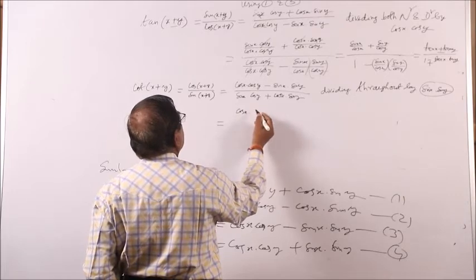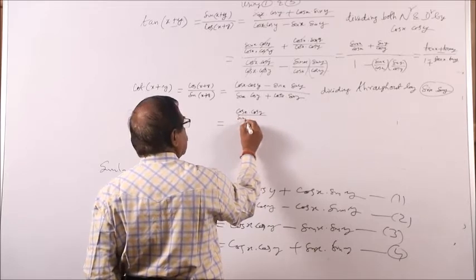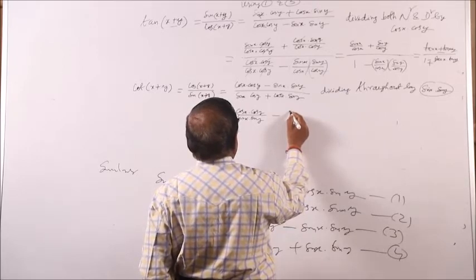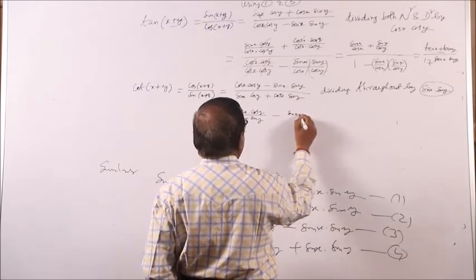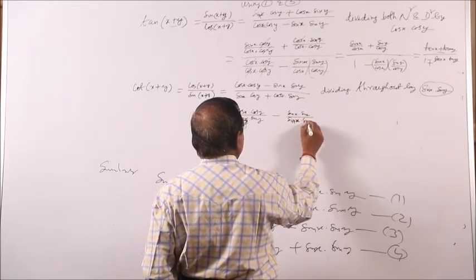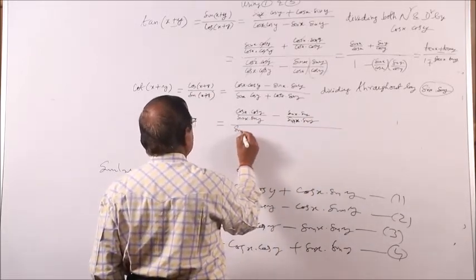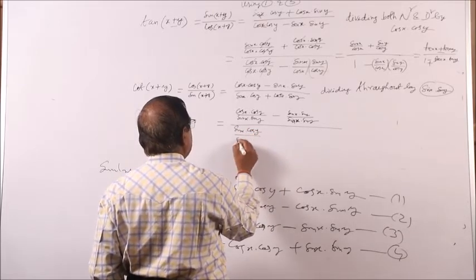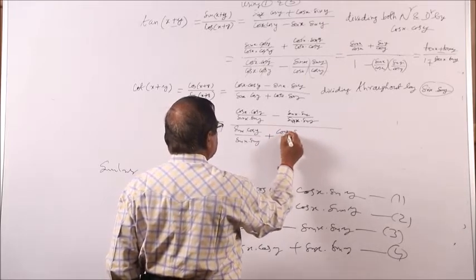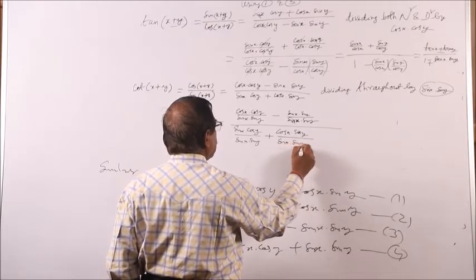Cos x into cos y by sin x into sin y minus sin x into sin y by sin x into sin y, and sin x into cos y by sin x into sin y plus cos x into sin y by sin x into sin y.